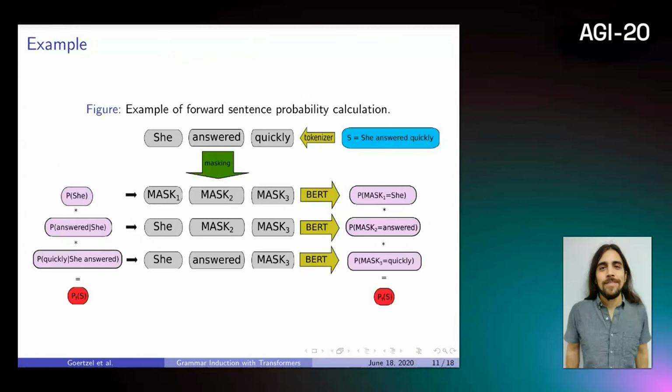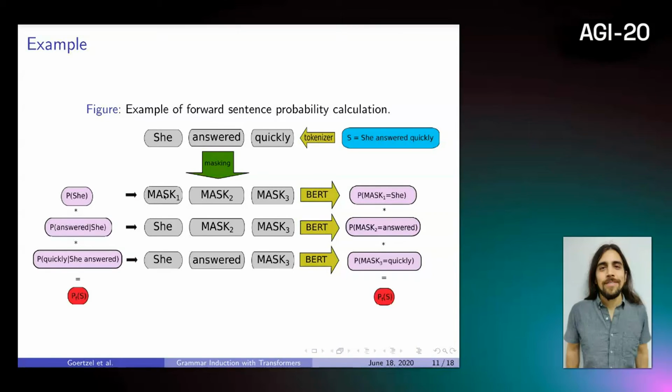A graphical example might be helpful. So we have here the sentence "she answered quickly," which we tokenize into 3 words, and then these are the probabilities that we need to calculate the forward probability of the sentence. The probability of she times the probability of answered given she, etc. So we mask all the words, and we ask what's the probability of she. It's the probability that mask number 1 is equal to the word she.